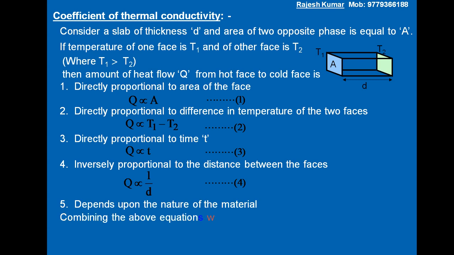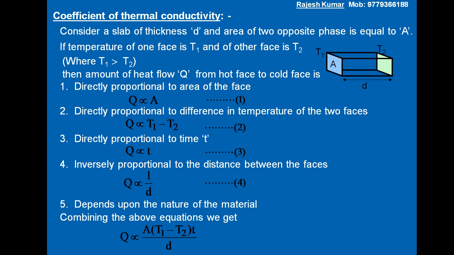Now, combining the above equations, we get Q proportional to A into (T1 minus T2) into t upon d.